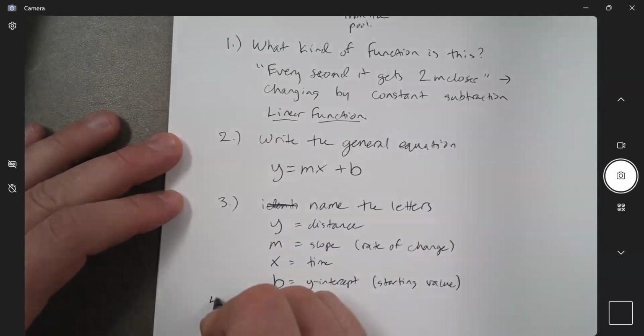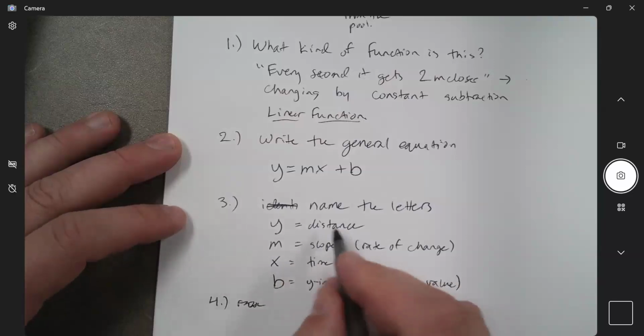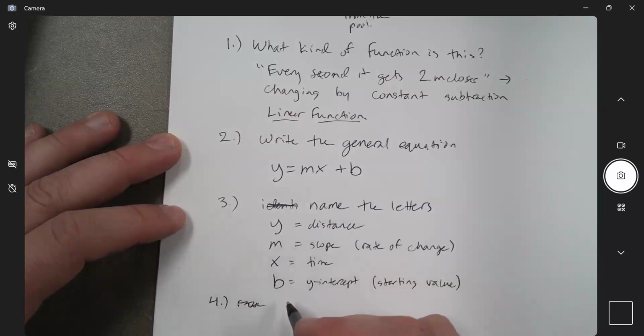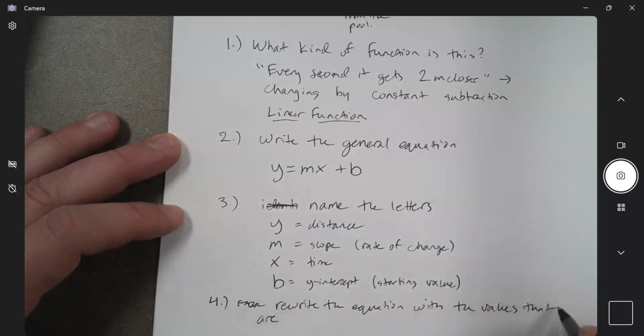And the fourth step is to rewrite the equation with the values that you are given.